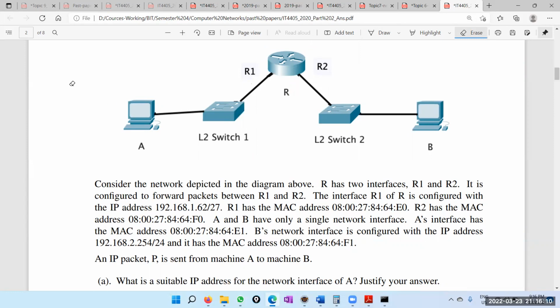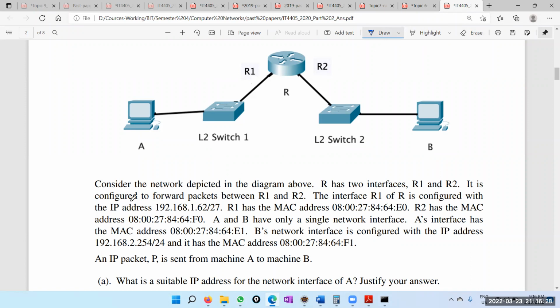So you know that a router has interfaces, right? An interface to this network and an interface to that network. So maybe 2 NICs, network interface cards. Maybe wireless and wired, or both wired, or both wireless, whatever, okay?